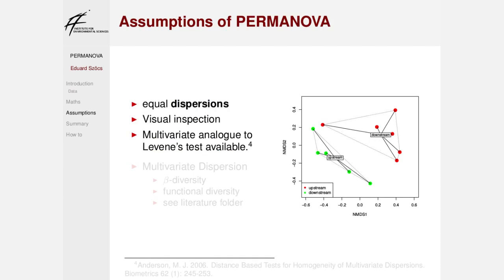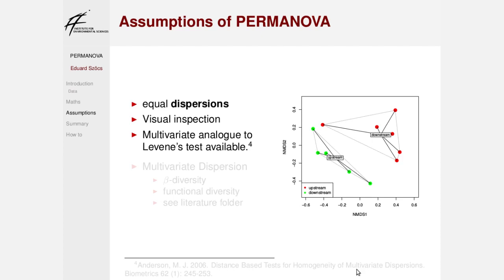Well, as I said, PERMANOVA is non-parametric. Well, it's non-parametric because it uses permutations and does not rely on the parametric assumptions of the F distribution. However, non-parametric does not mean assumption-free. In fact, we also have the assumption that the dispersions are equal.